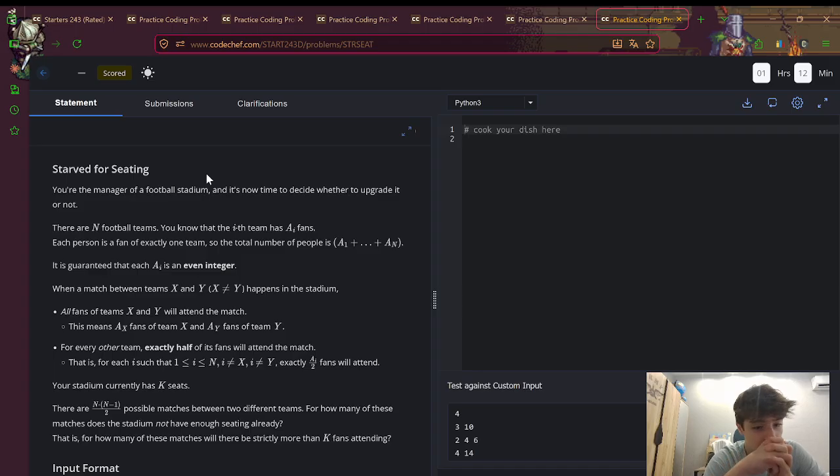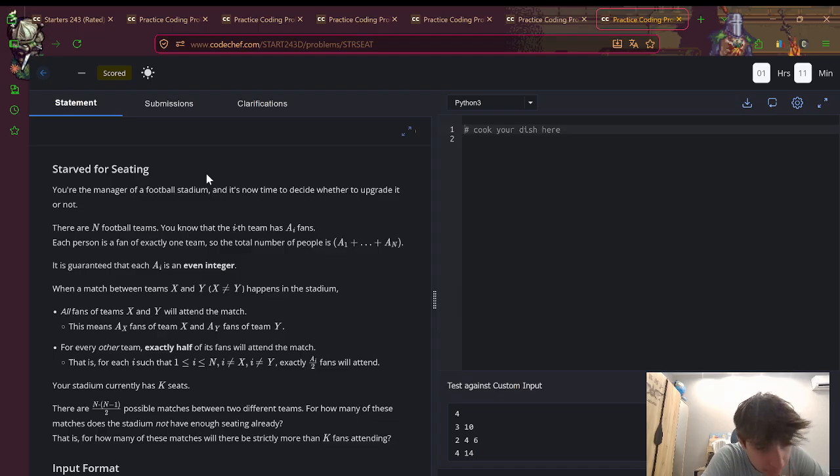When a match between Team X and Team Y happens in the stadium, all fans of Team X and Y will attend the match. This means A_X fans for Team X and A_Y fans of Team Y. For every other team, exactly half of its fans will attend the match.